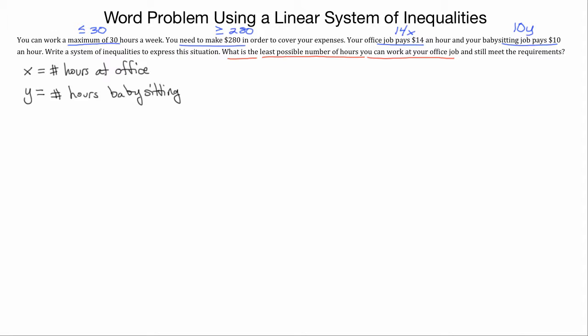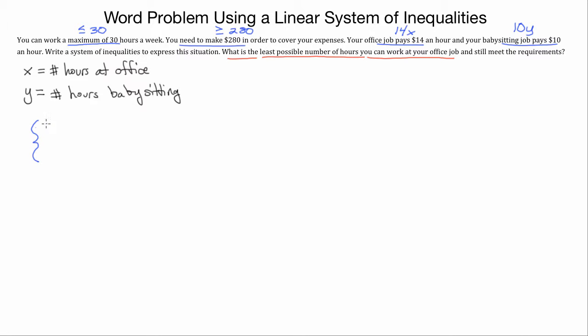Let's put together my inequality now, my linear system. I know that I can work a maximum of 30 hours a week, which means X, the number of hours at the office, plus Y, the number of hours babysitting, have to combine to be less than or equal to 30.